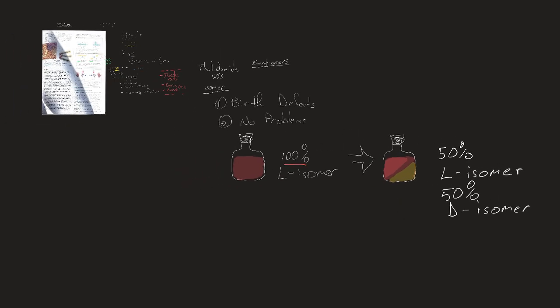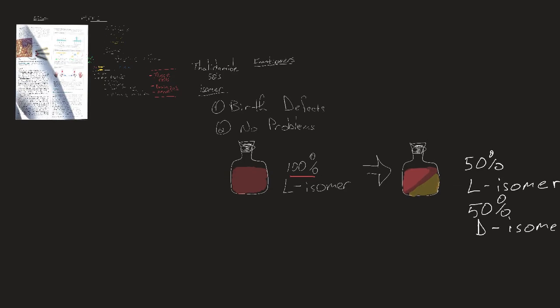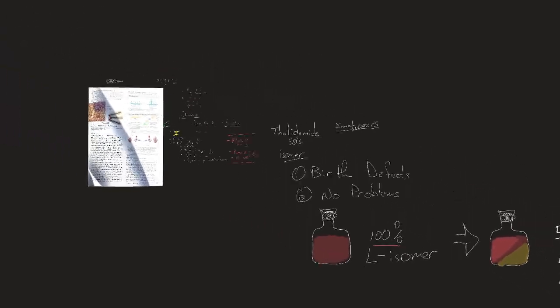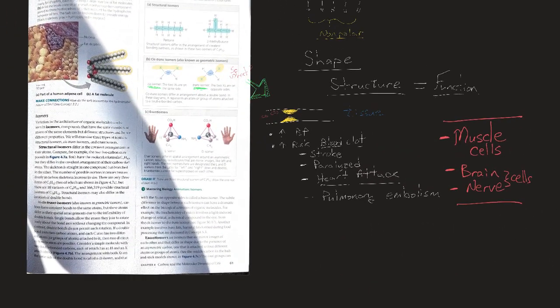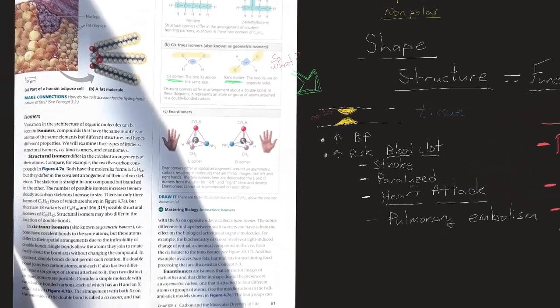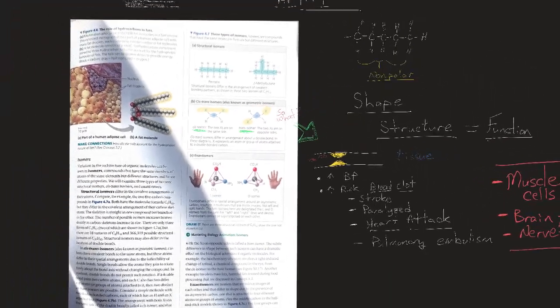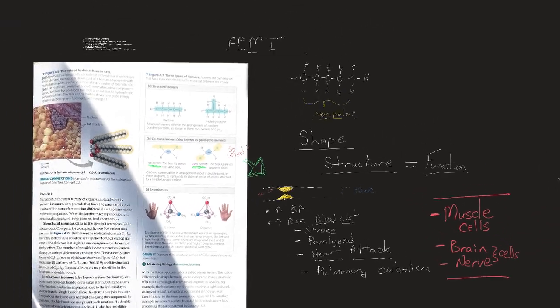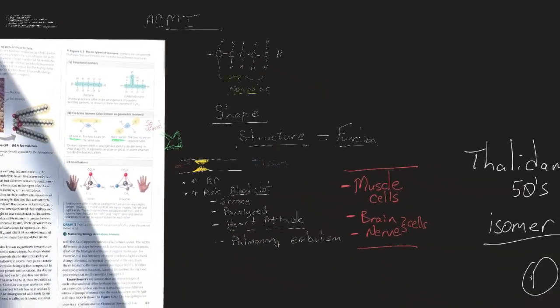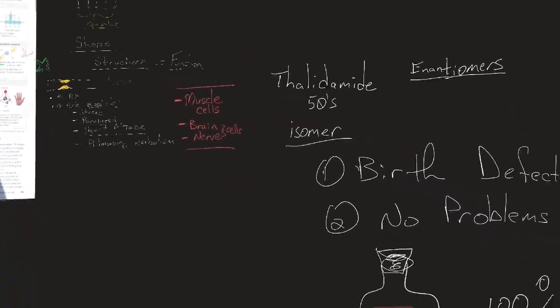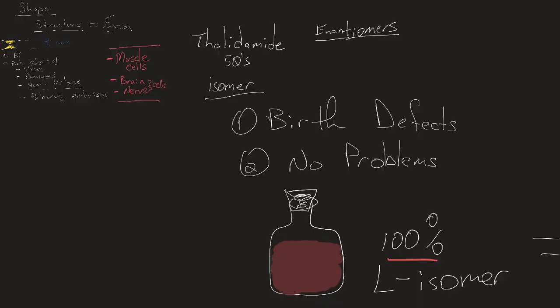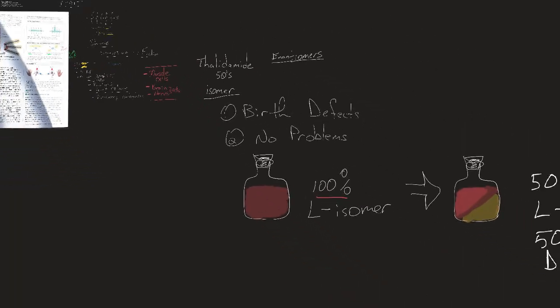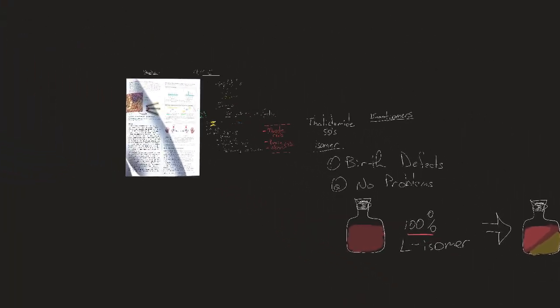So this thalidomide was a real example of why it matters to answer the so what. That these different forms of molecules become very important. You have the example of trans fats being an issue. You have the example of enantiomers being an issue, the right versus left-handed molecule.